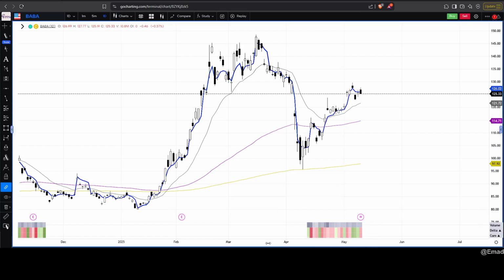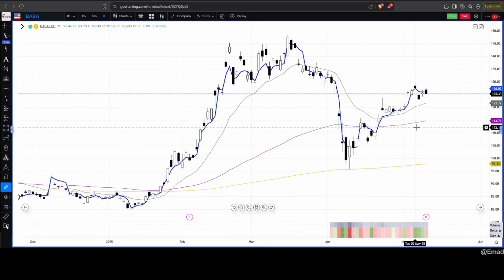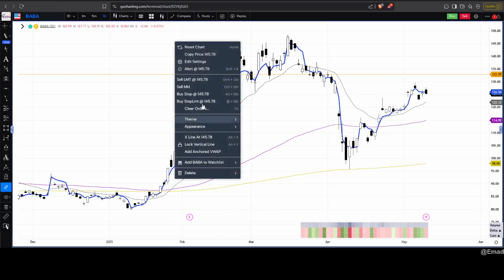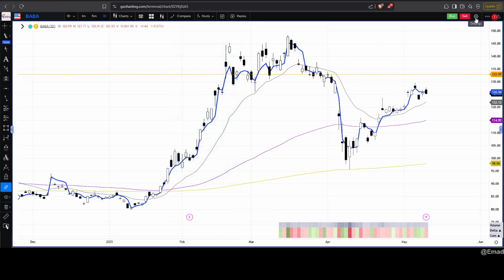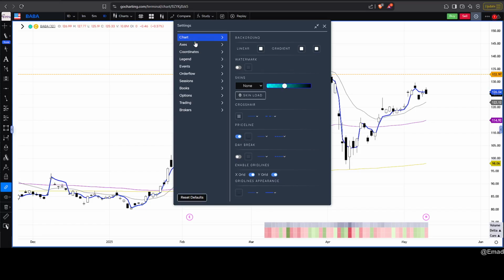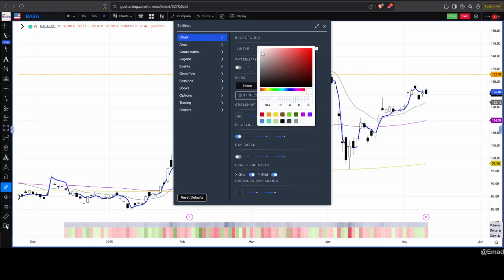Let's do volume analysis once again. Setting. I want to change the background to a little darker. Just slightly. Where's the canvas chart? Background.